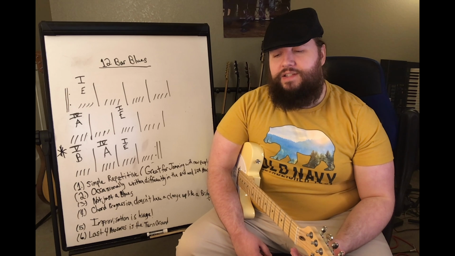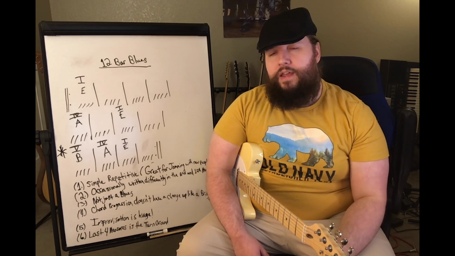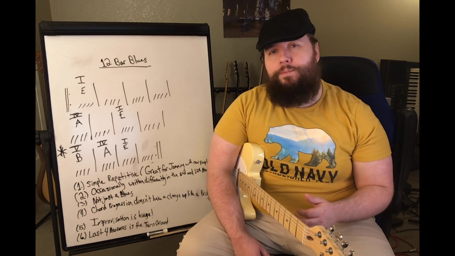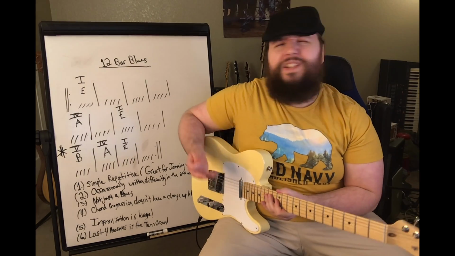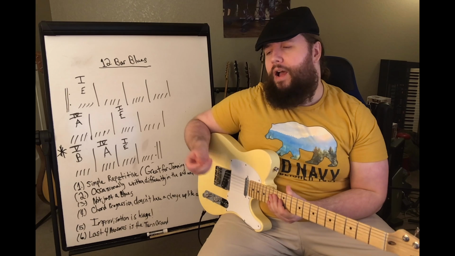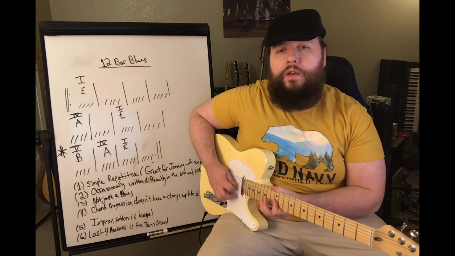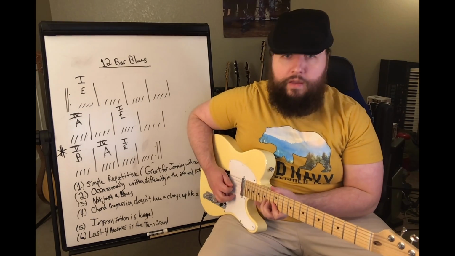One of the big things, especially in this form, but in all improvisation settings, is what we call call and response, where maybe a vocal sings something and you respond to it on guitar or saxophone or whatever you're playing, or another instrumentalist plays something and you respond, and then they do something and you respond.